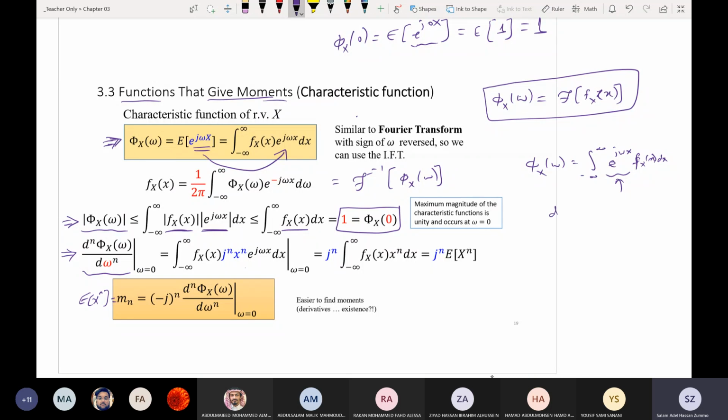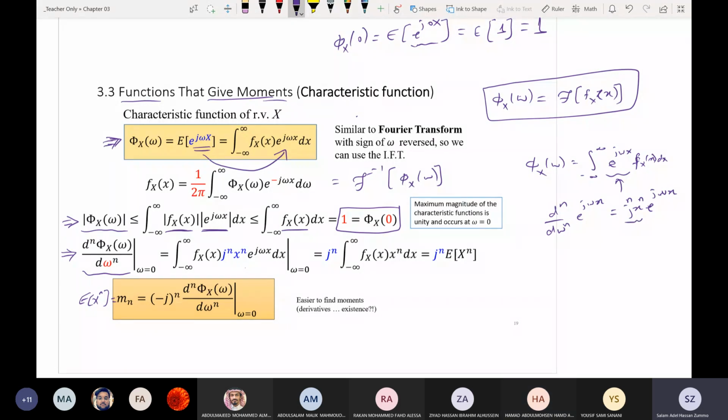Differentiating e to j omega x with respect to omega gives j x. Now differentiating n times, what do we get? J to the power n and x to the power n.